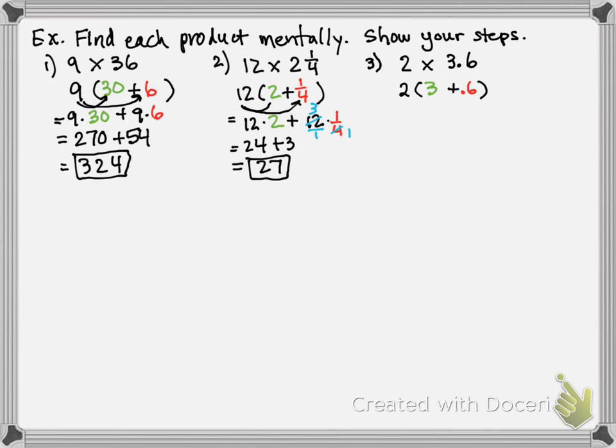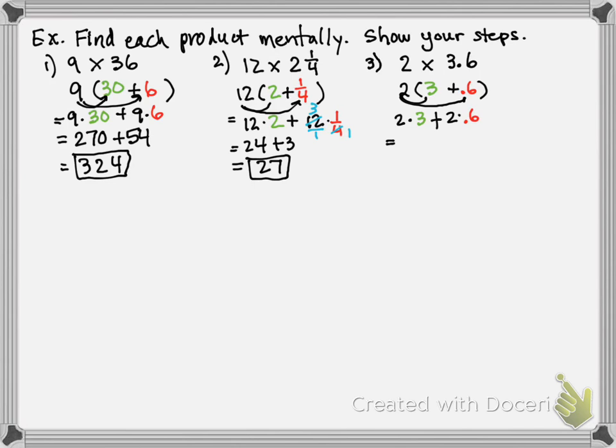So when I distribute, I'm going to get 2 times 3 plus, because that's what it says inside, 2 times 0.6. Now notice the difference between a multiplication dot and a decimal dot. 2 different locations, okay?